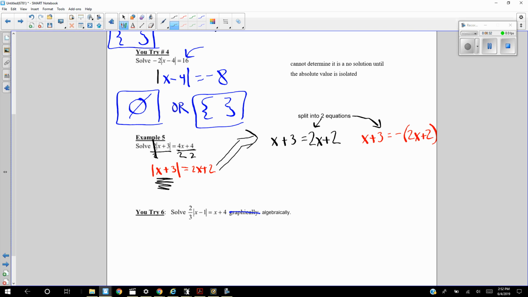So that's the setup, and then basically we're just going to solve a couple Algebra 1 problems. So get your like terms on the same side. So there's one solution. This other one, remember we need to distribute that -1 really before we do anything else.